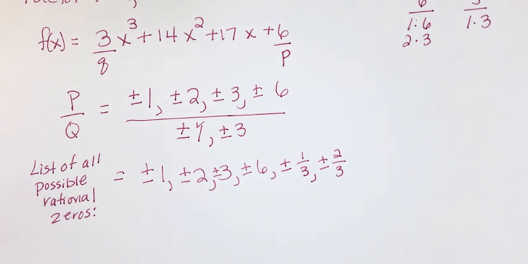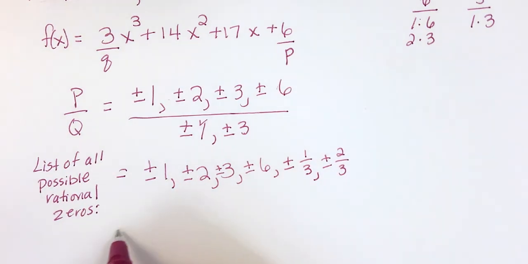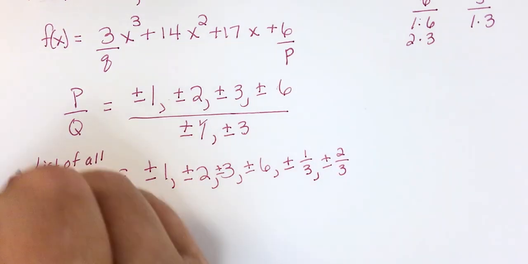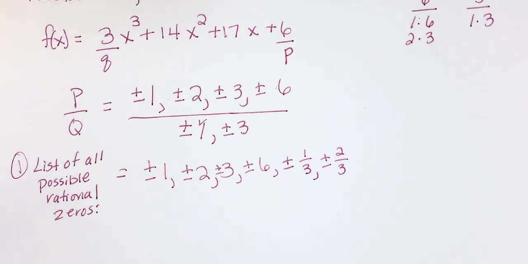So how do we figure out which of these are the actual zeros? We're going to go through and test them, and we're testing using synthetic division. So that was the first step, the list of all possible rationals.